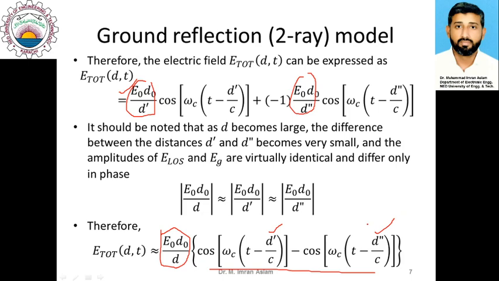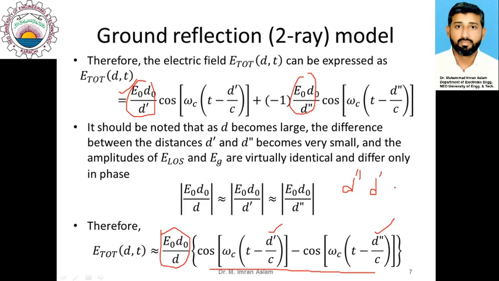Before going towards phase change, let me try to calculate what is the actual difference we observe at the receiver between these two distances, d double prime and d prime. Of course there will be a small difference, but still there will be a difference.